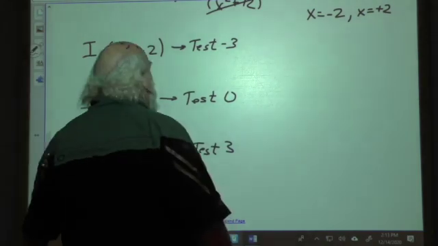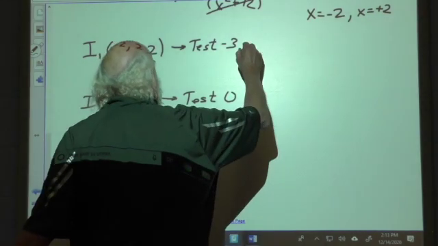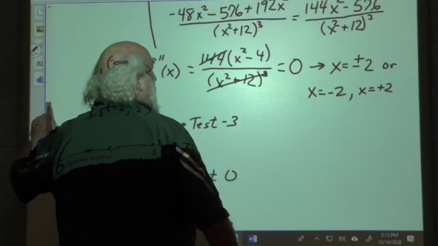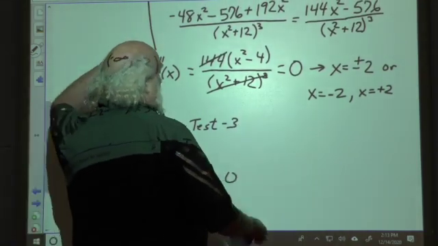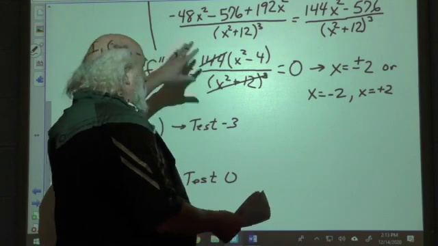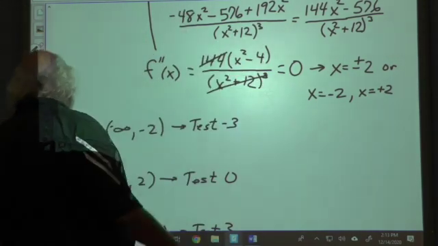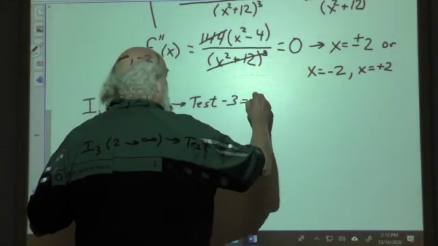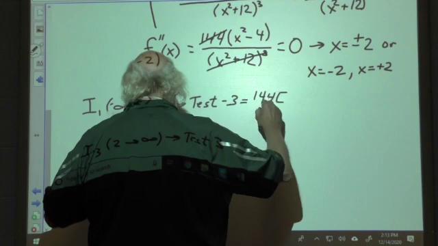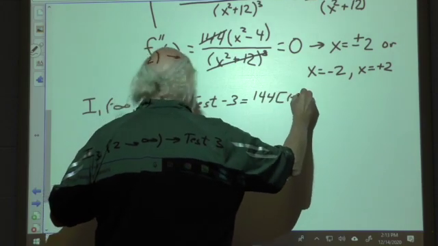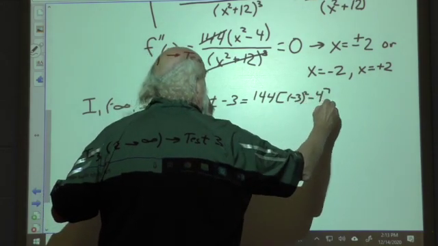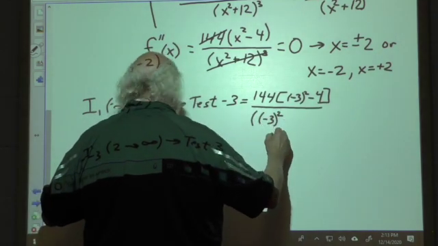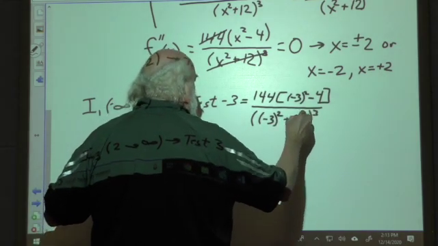Next thing you're going to do is plug into your double prime equation, which I'm going to use this one here, the 144. You can use that, it doesn't make any difference. So this is going to be equal to 144 times negative 3 squared minus 4 over negative 3 squared plus 12 cubed.